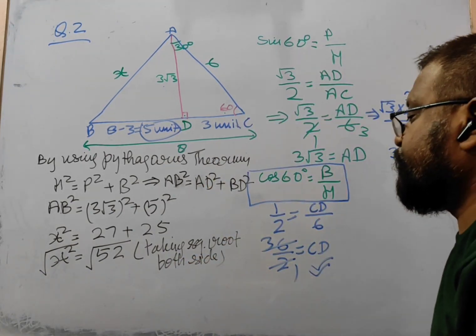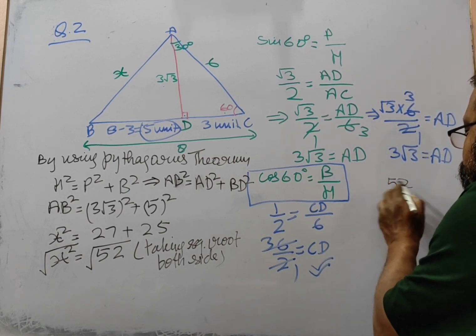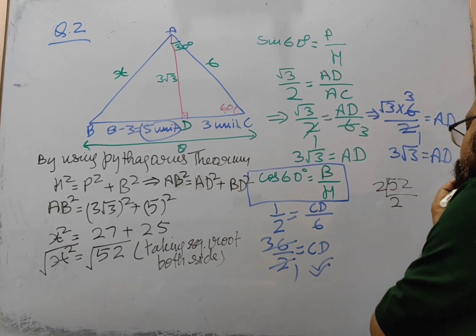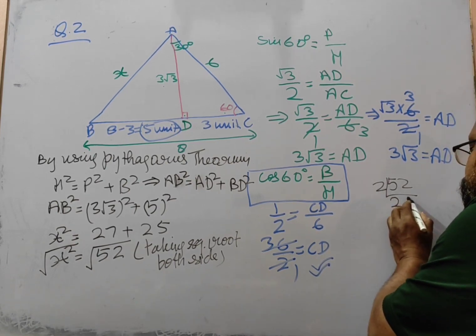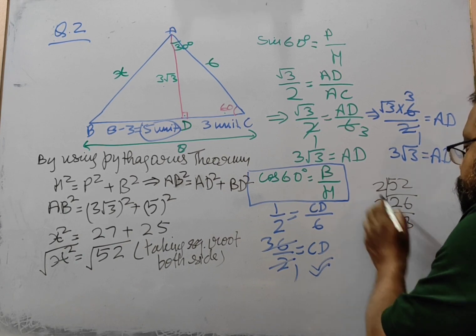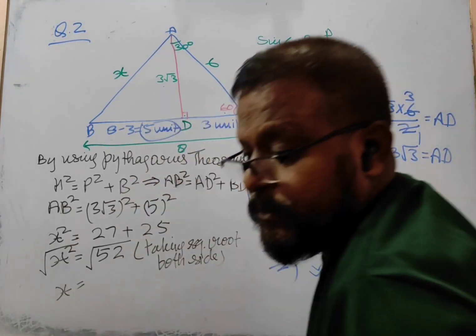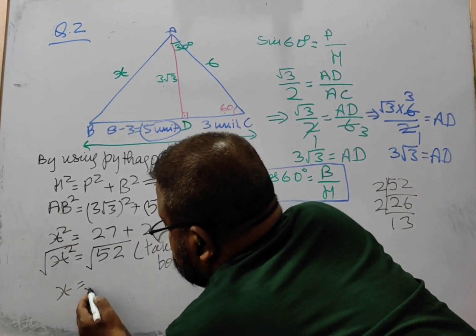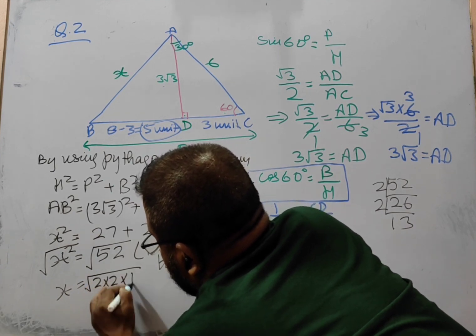So we get factors of 52: 2 2s are 4, 2 6s are 12, again we get 2, 2 1 are 2, 2 3 are 6, 13, right? So we can write here x is equal to root of 2 into 2 into 13.